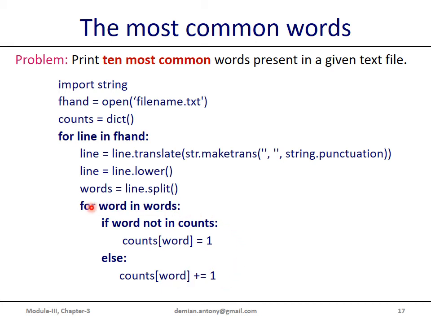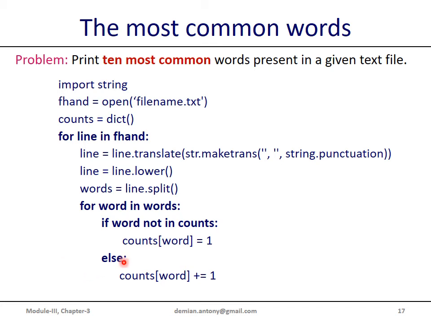This has to be done for all the words present in the given line, as well as for all the lines present in the file. Removing the punctuation, converting to lower case, and creating a list of words has to be done for all the lines up to here.